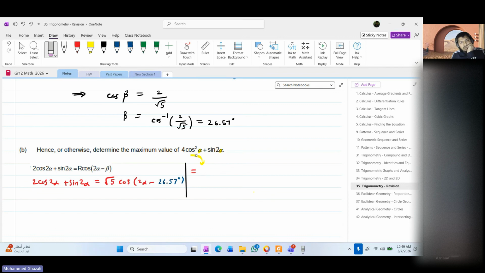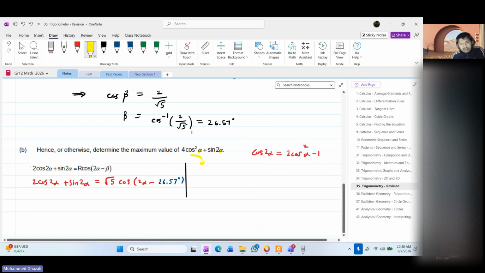What is cos squared alpha? Remember the cos double angle: in terms of cos, it says 2 cos squared alpha minus 1. I want to know cos squared alpha in terms of the double angle, because on this side I have a double angle, unless we change this side into a double angle.